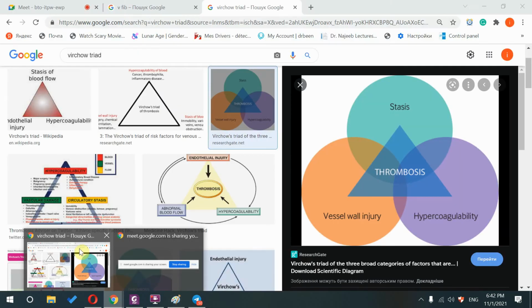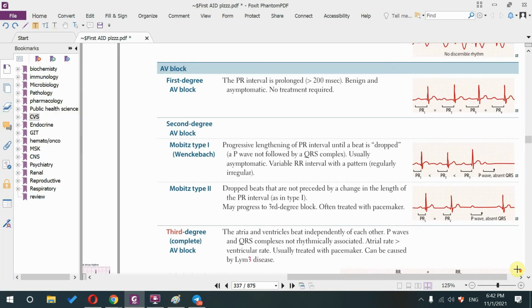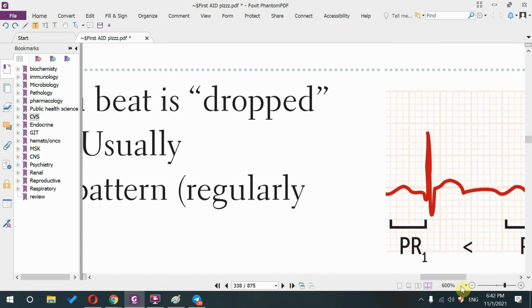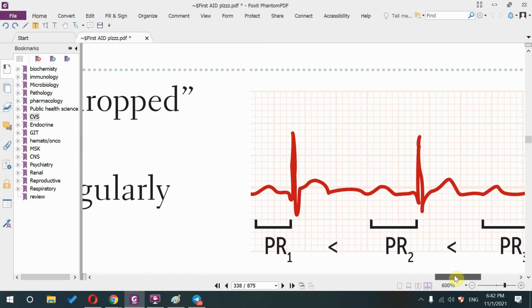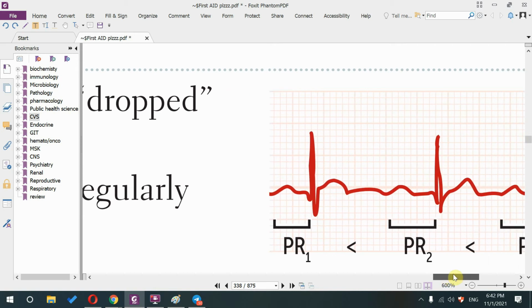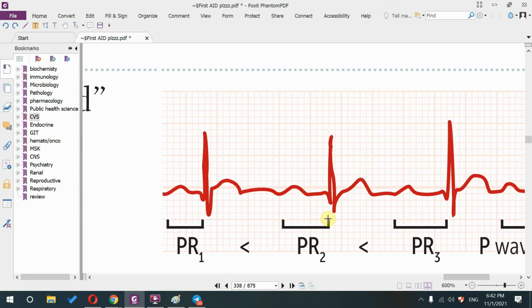If we take a look at it here on an ECG, you can see the PR interval has this size now. If you count, it's 1, 2, 3, 4, 5, 6 small boxes. Sorry, this is abnormal. Normally it should be less than 5 small boxes. And now it has become even worse: 1, 2, 3, 4, 5, 6, 7, almost 8.